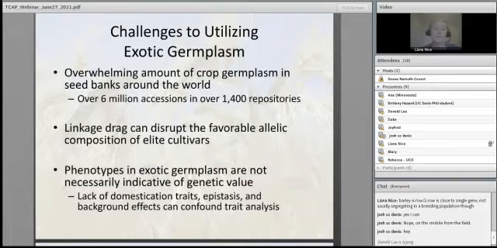Additionally, phenotypes in exotic germplasm are not always necessarily indicative of genetic value, so lack of domestication traits, epistatic effects, and background effects can all confound trait analysis and lead to not really being able to see what wild barley is going to be beneficial for, say, improving yield.